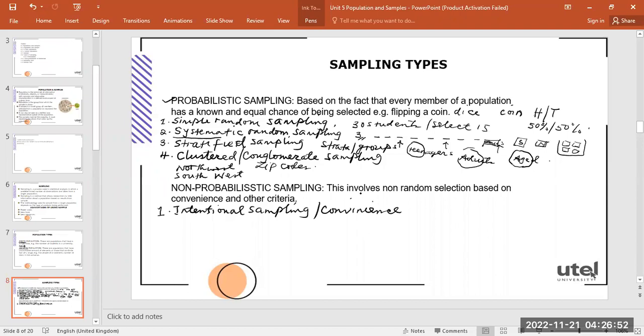So you just decide to make use of that population for the study. Then the second type of non-probabilistic sampling is known as quota sampling.